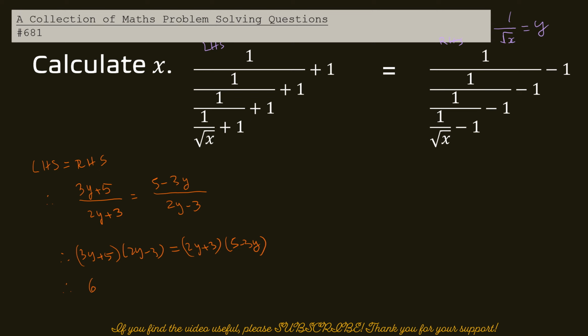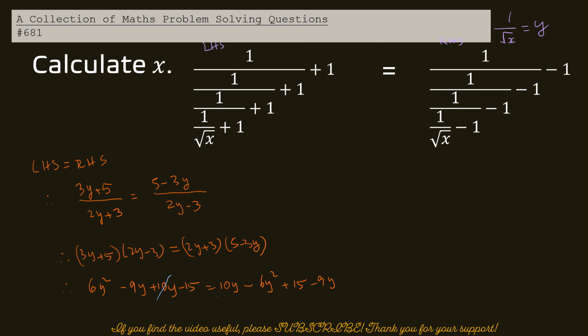Going to multiply: 6y square minus 9y plus 10y minus 15 equals 10y minus 6y square plus 15 minus 9y. Then you see some terms cancel off.